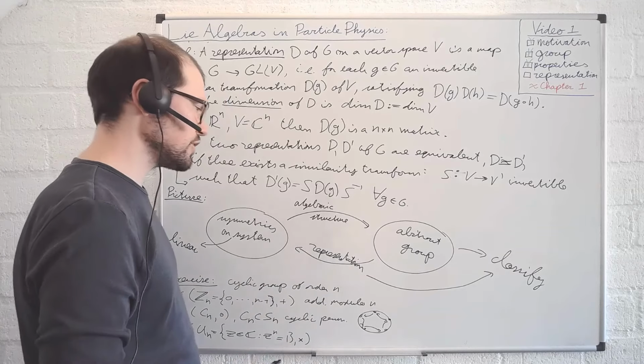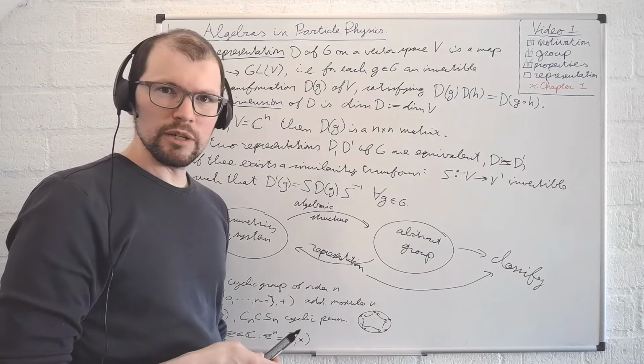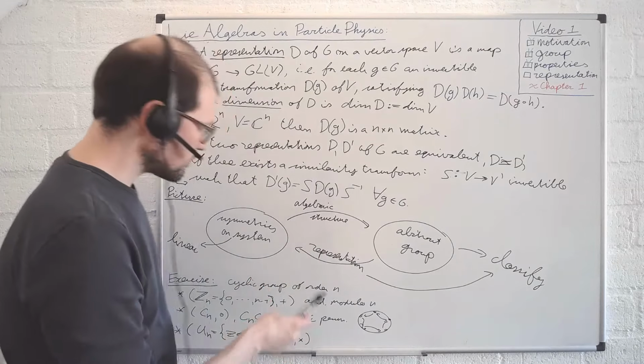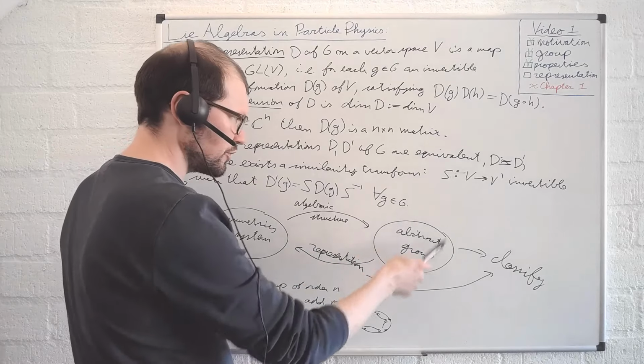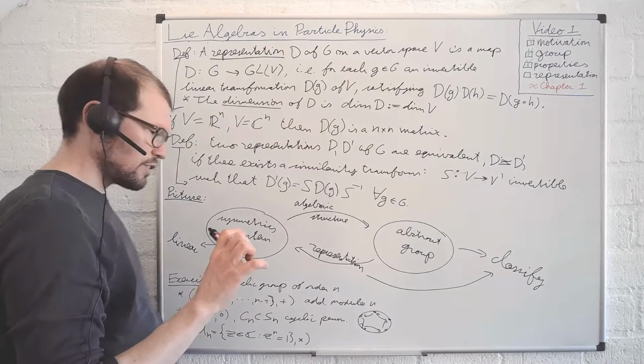Just to give you one example, the rotation group in 3 dimensions has an abstract group, which is the 3-dimensional rotation group. It acts, say, on the hydrogen atom.